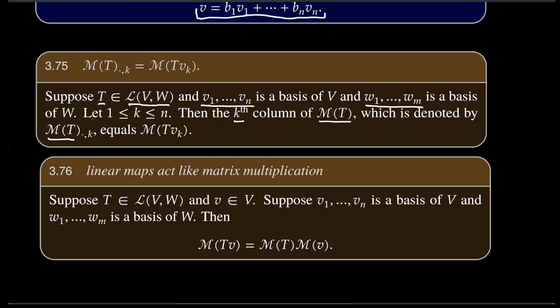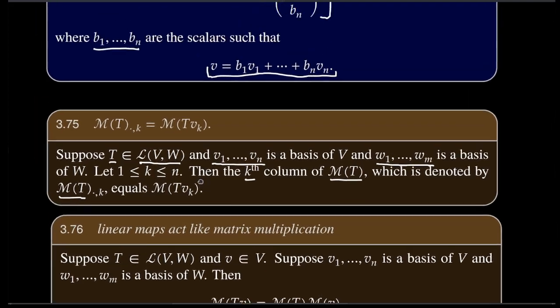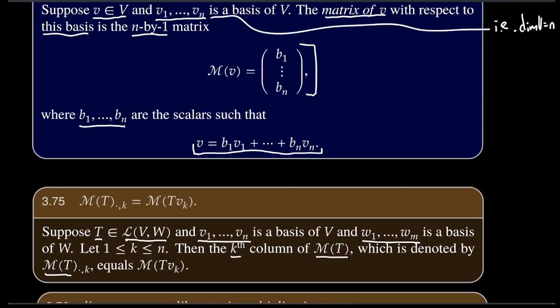The dot says range over the rows, fix the column. Okay. That thing equals the matrix of the vector Tv_k. Ah, okay, very cool. Think about this. The matrix of Tv_k, well, that is something that lives in W, right? So this is with respect to the basis w_1 through w_m.